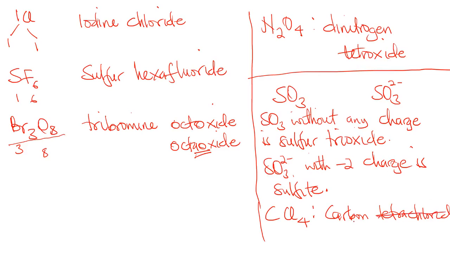So practice this kind of naming for binary covalent compounds. Just know that binary covalent compounds have 2 types of elements. All right, thank you.